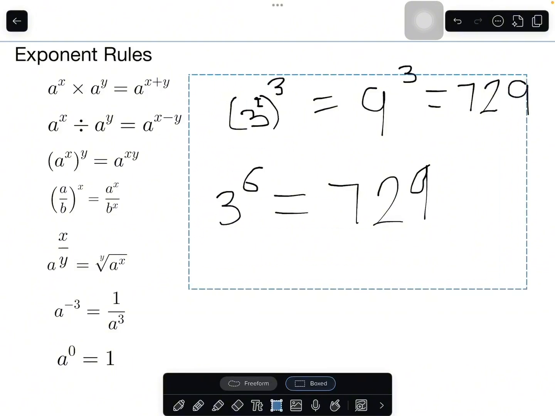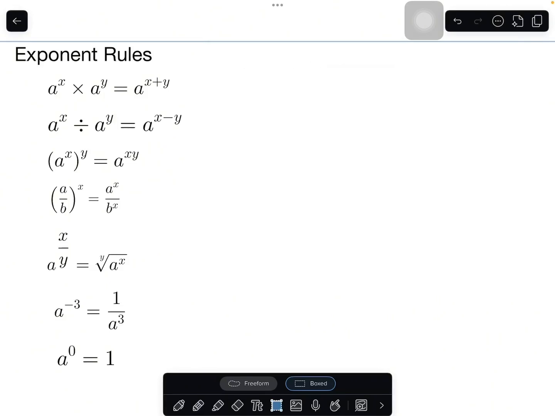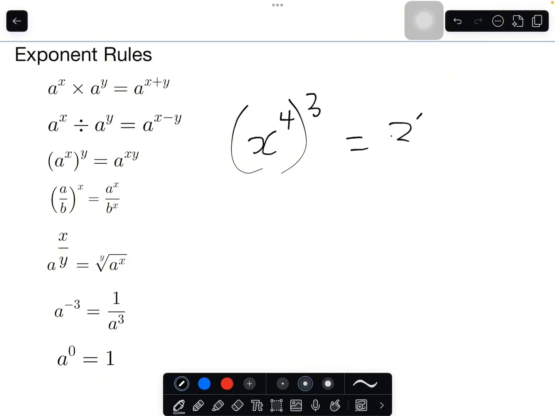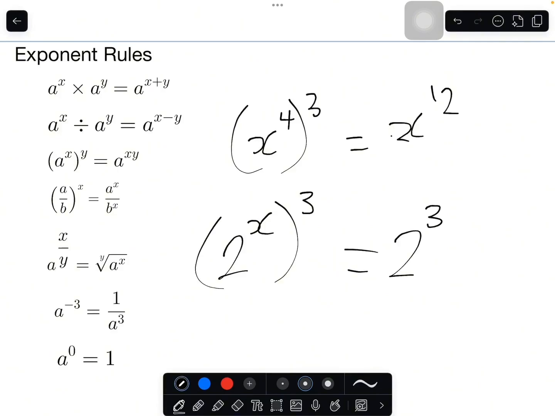Let's just see a few examples of what happens when we put them with variables. So if I have x to the power 4, to the 3, that's just going to give me x to the 12. Okay, if I have 2 to the power x, to the power 3, that's going to give me 2 to the 3x.